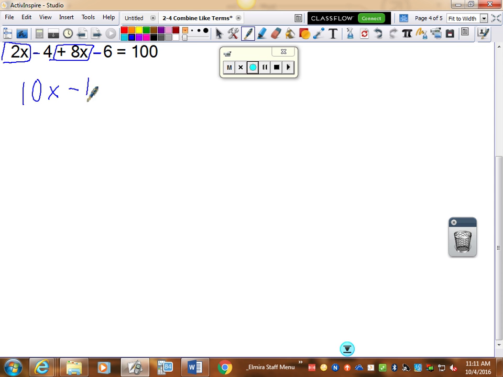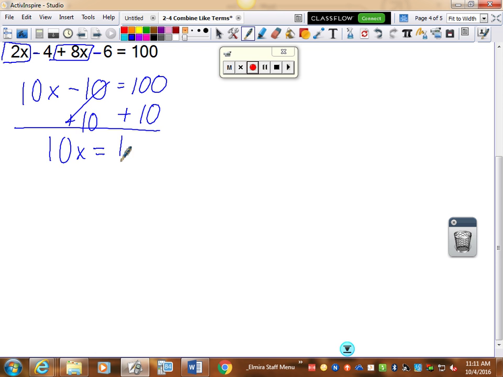So I've spent $10. Then I'm down to that basic two-step again. 10x equals 110. Divide both sides by 10. And x equals 11. Okay.